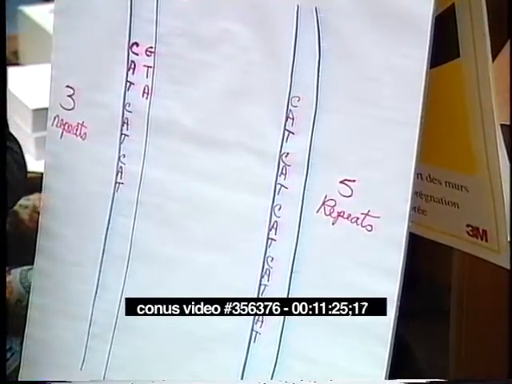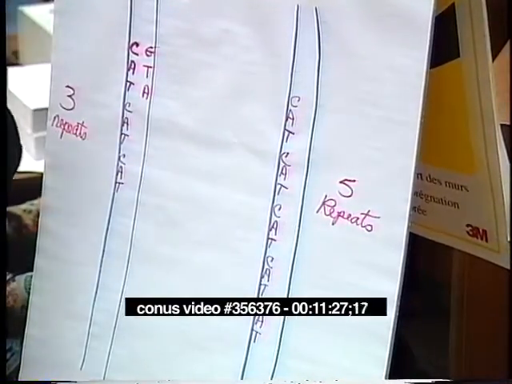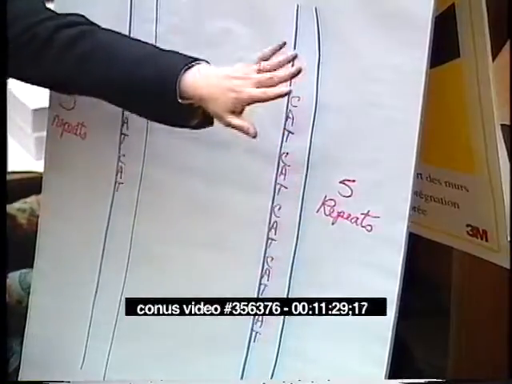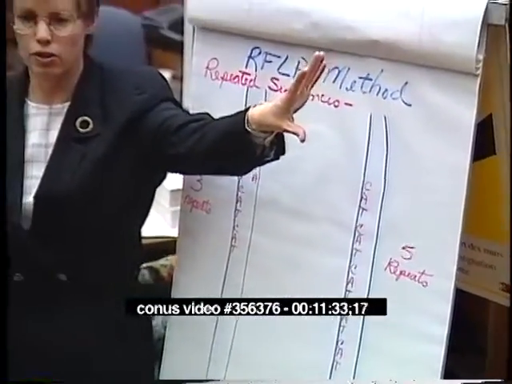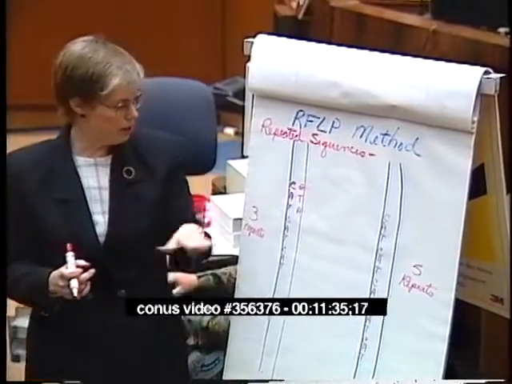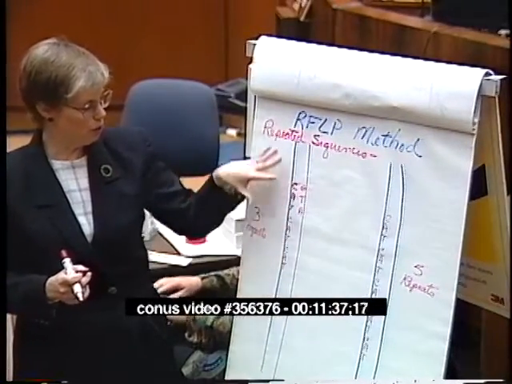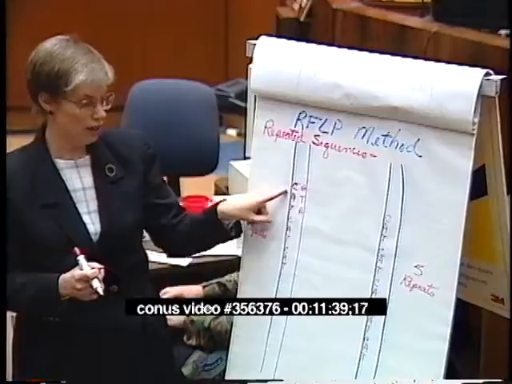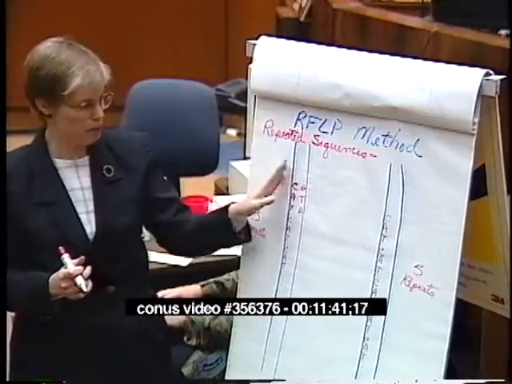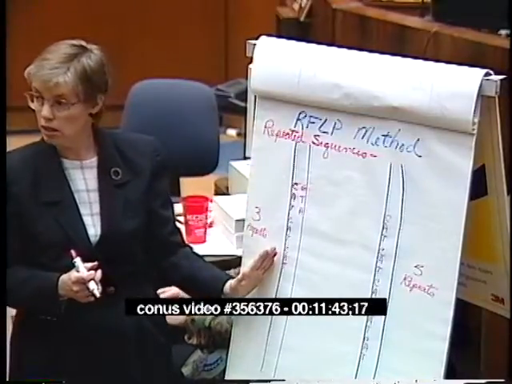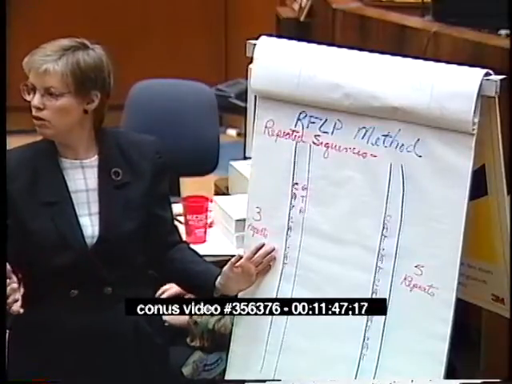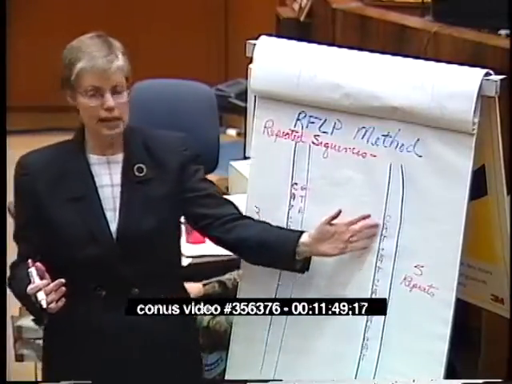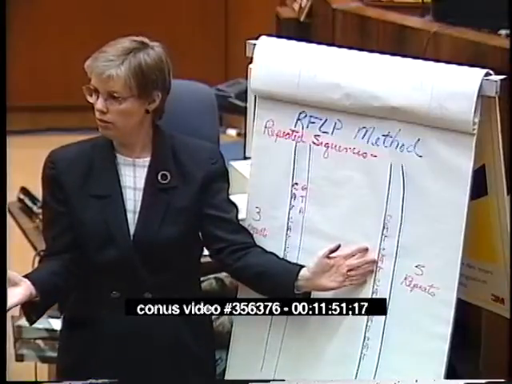Now, you have to think about if we made this same drawing for yet another individual, and another, and another. What you would find is that another individual might have this same repeat, CAT, but it might be repeated 10 times on one of their chromosomes, and 18 times on the other.